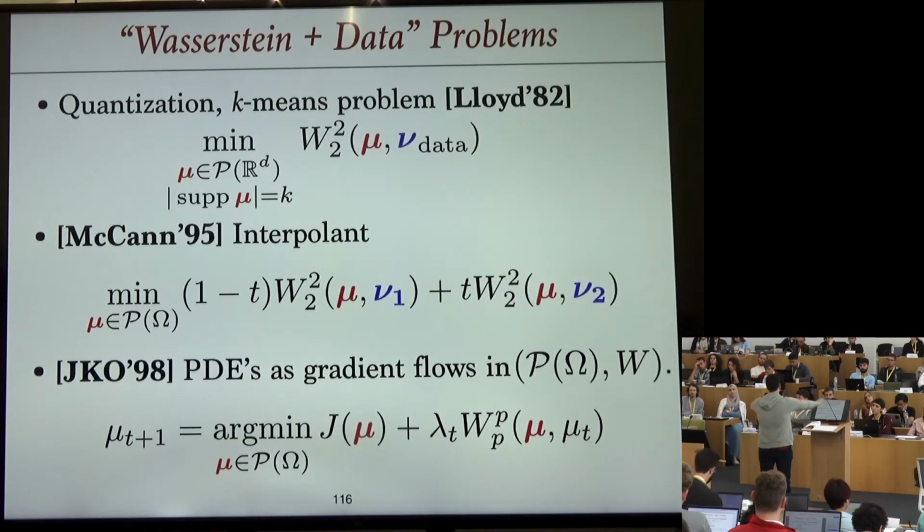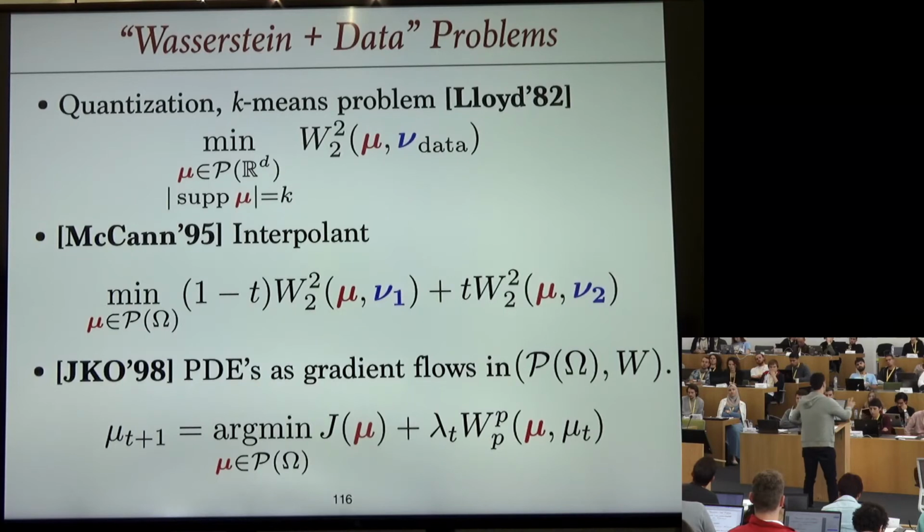Imagine I give you a data measure with just, say, 1 million small Diracs, and I'm telling you I would like to approximate this with a measure which has like 10 Diracs. And the approximation I'm going to measure in the Wasserstein sense. I'm going to say, I want to find the approximation that has a small number of atoms, which is the closest in the Wasserstein sense to the original data measure, where this turns out to be exactly equivalent to the k-means problem.